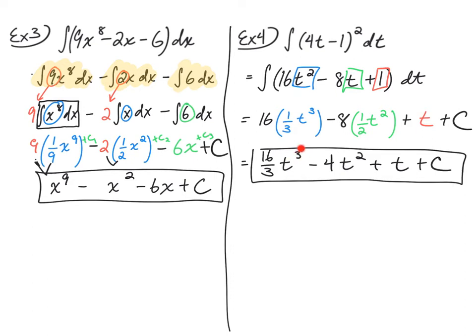If you subtract 1 from 3 in the exponent, you'll get 2. If you multiply negative 4 by 2, you'll get negative 8. If you subtract 1 from this exponent, you'll get 1. If you take the derivative of t, you get 1. Oh, and the derivative of a constant is 0.